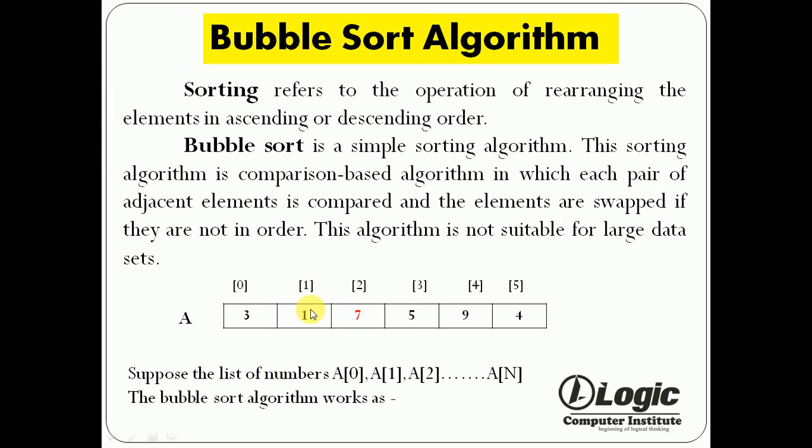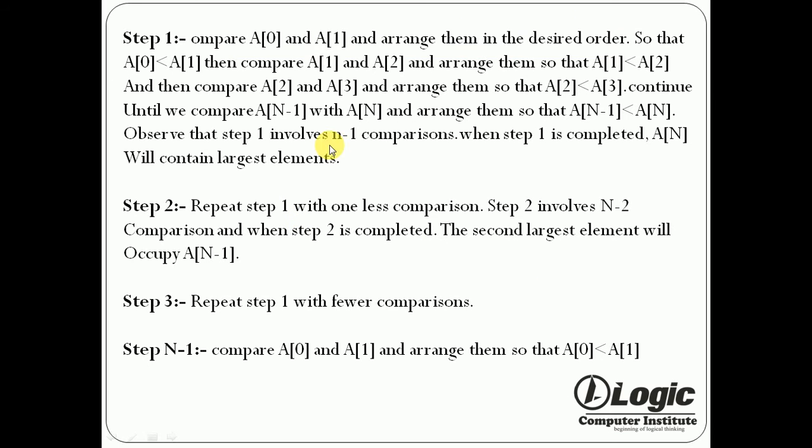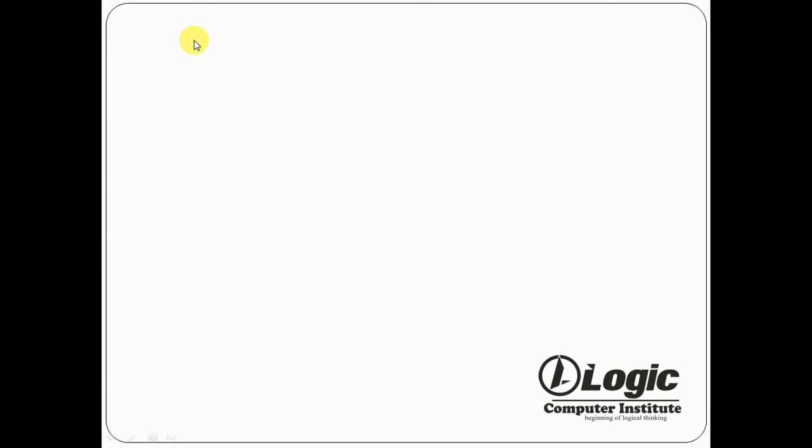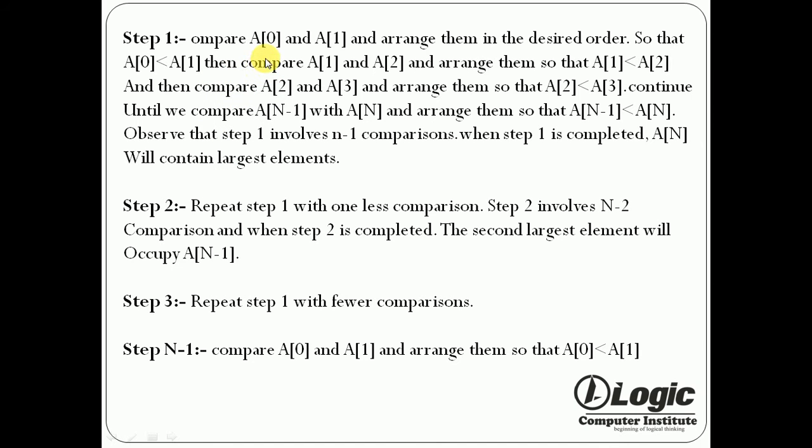Suppose the list of numbers is a of 0, a of 1, a of 2 up to a of n. The bubble sort algorithm works as follows: first compare a of 0 to a of 1, and arrange them in the desired order, ascending or descending. Here a of 0 is less than a of 1, that is increasing order.